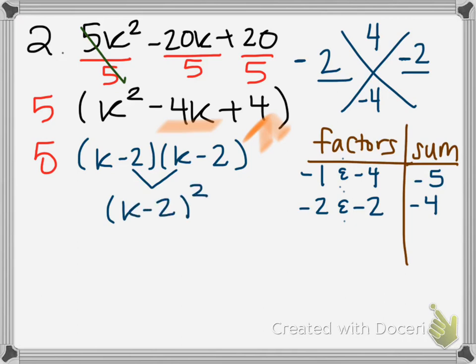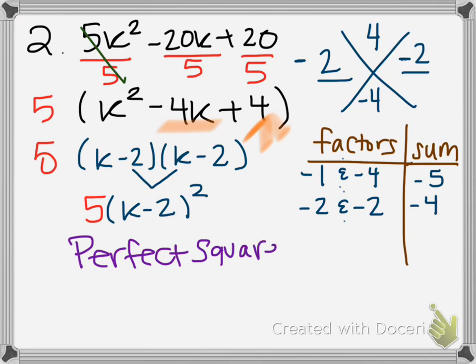And again, bring down this 5. So the reason why I personally wouldn't have done this method is because I know it's a perfect square. So anytime you notice perfect squares, you're going to end up with something multiplied by itself twice. And so if you remember that, you can skip the step. If you don't remember that, obviously you can't skip.